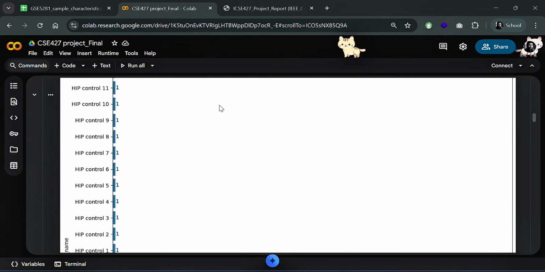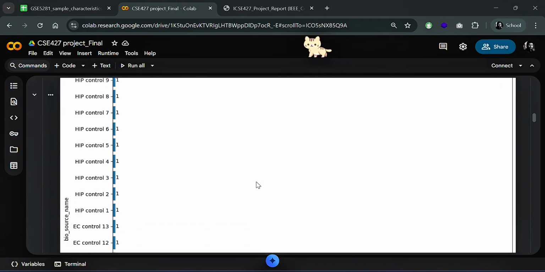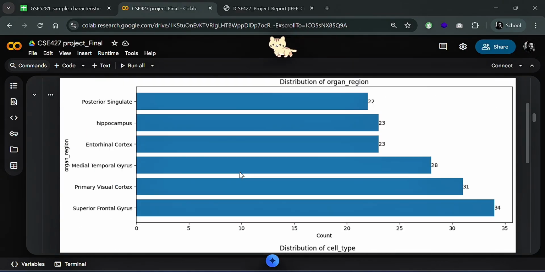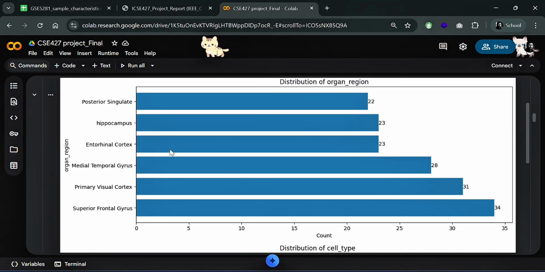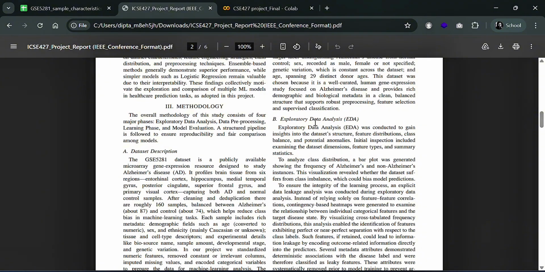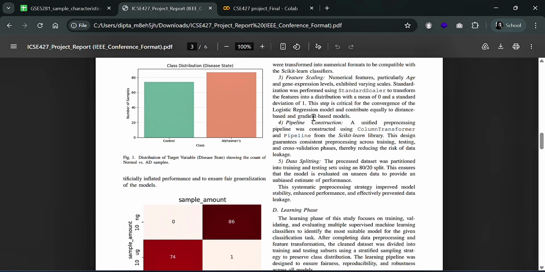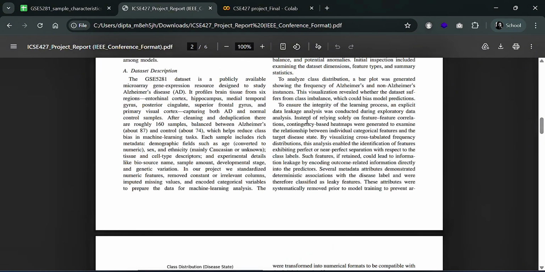These are some plots of the graphical data and the numerical data, and we have done our pre-processing pipeline here. If we go to the pre-processing pipeline, yes, this is our pre-processing, and we have done imputation of missing values, one-hot encoding of categorical variables, standardization of numerical features, and an 80-20 stratified train-test split, where the training set is 80% and the test set is 20%.